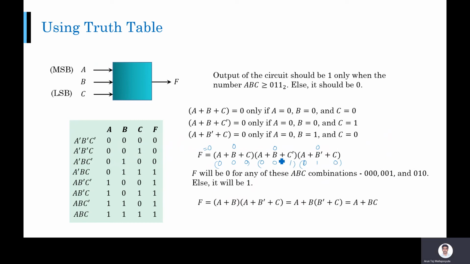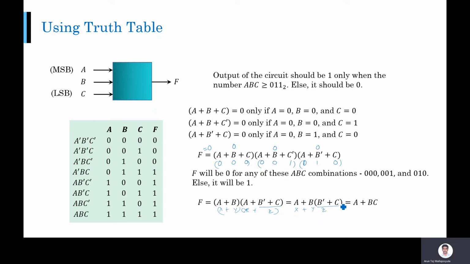Simplify this. Okay, I can easily simplify this. I have A plus B plus C and A plus B plus C dash. So I can easily see X plus Y into X plus Y dash. So I have A plus B here into A plus B dash plus C, A plus B dash plus C into A plus B. So this is X plus Y into X plus Z. So therefore this is simply X plus YZ.